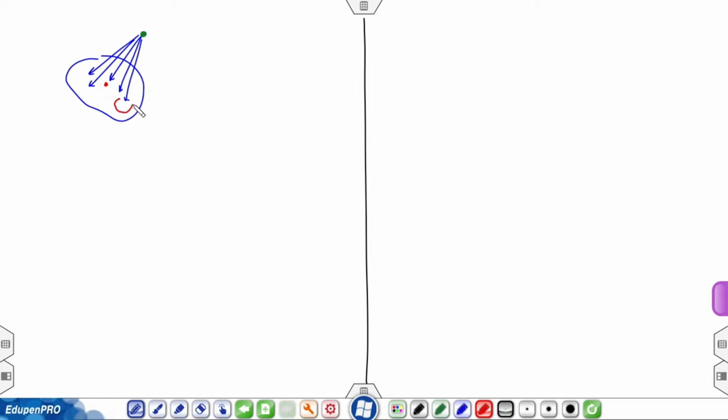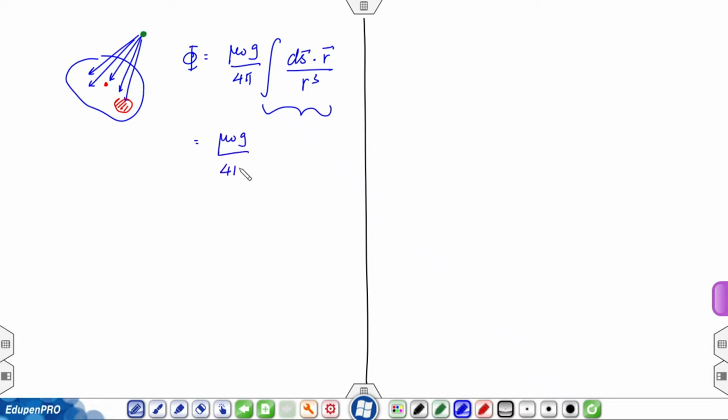Then if I take a small area ds, then the flux is given as mu 0 g over 4 pi integration ds dot r over r cubed, and this is nothing but mu 0 g over 4 pi integration d omega. Right.